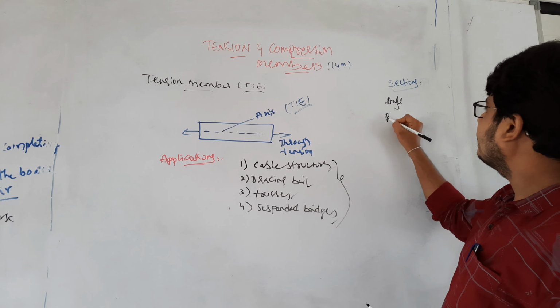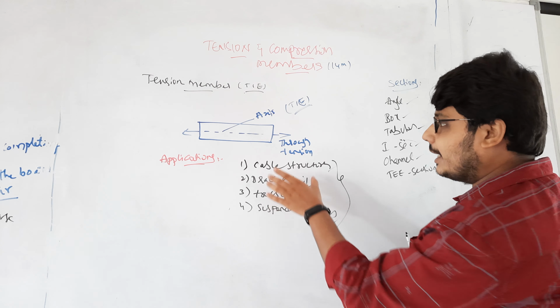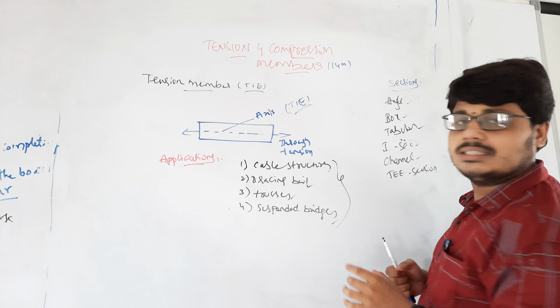A tension member carries tension through the axis point. It is applied in cable structures, bracings in buildings, trusses, and suspended bridges, in angle, box, tubular, I, channel, and T sections.